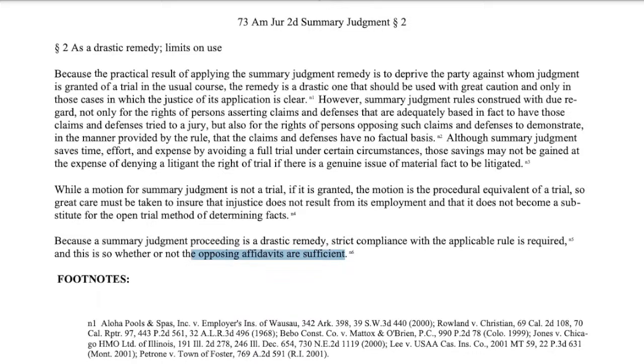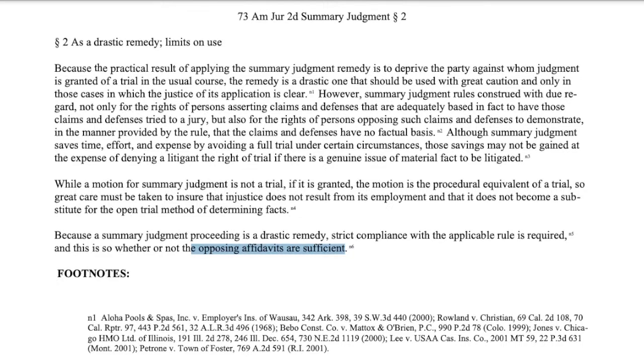So in summary judgment, as we've noticed in our previous series on affidavits, you're going to have a battle of affidavits and counter affidavits. And this is saying that because summary judgment is a drastic remedy, strict compliance with applicable rules is required. And this is so whether or not the opposing affidavits are sufficient.